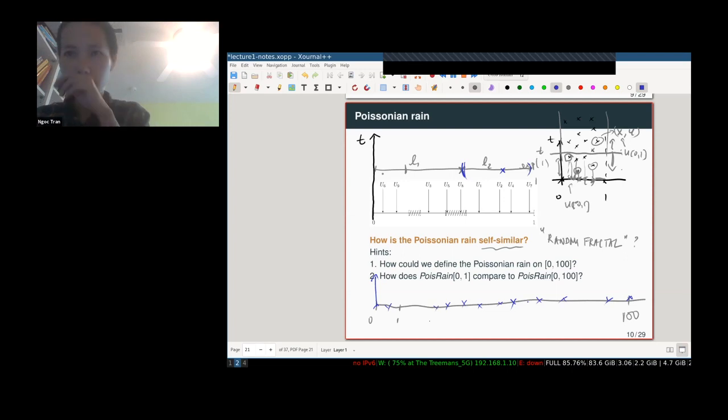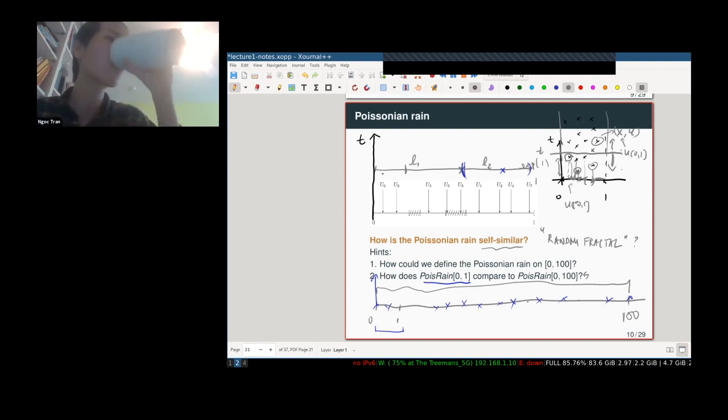So how does this Poisson rain on the smaller interval compare to the rain on the bigger interval? This Poisson rain on [0, 1] and [0, 100]. Are they the same process? Do they have the same distribution in some way?